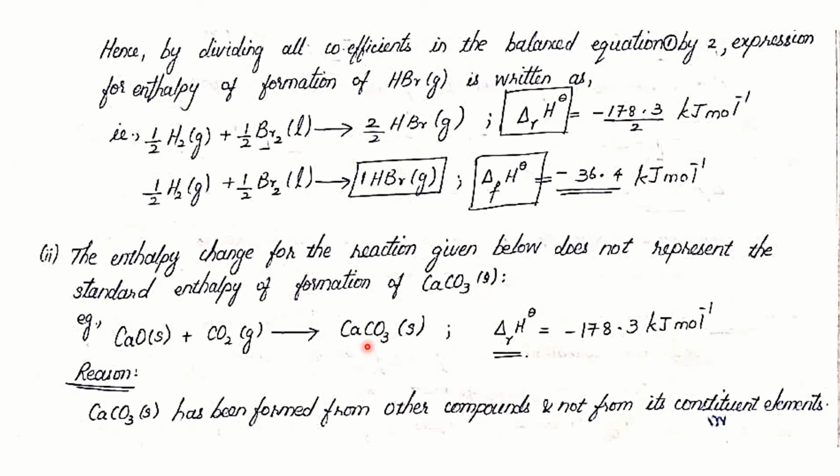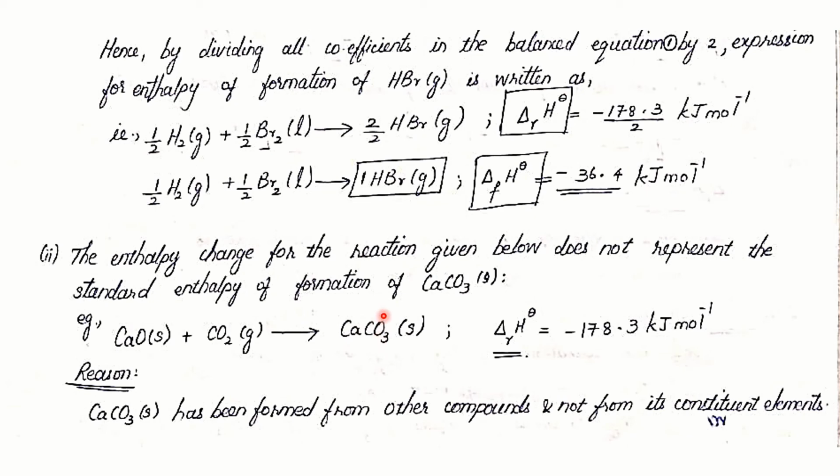Although 1 mole of calcium carbonate is formed by the reaction of calcium oxide and carbon dioxide, the enthalpy change for the formation of 1 mole of calcium carbonate does not represent standard enthalpy of formation here. Clear? This is because calcium carbonate is not formed from its constituent elements. That is, it is not formed by the reaction of calcium with graphite and dioxygen.